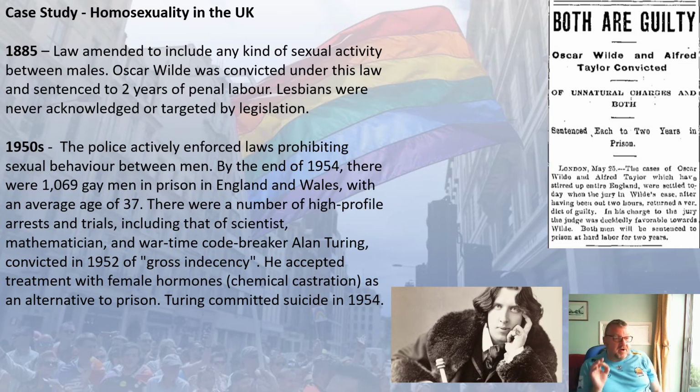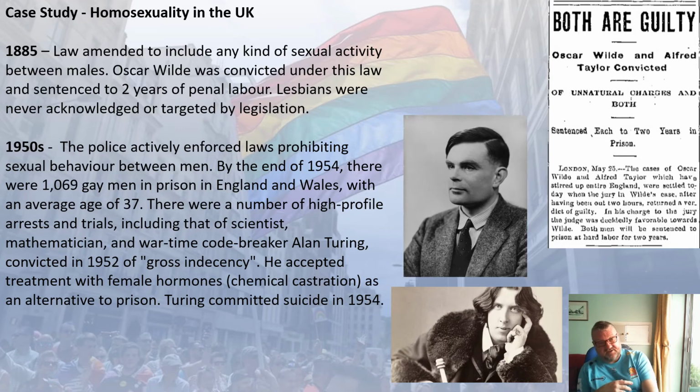And there were a number of high-profile arrests and trials, including that of the scientist and mathematician, wartime codebreaker Alan Turing. He was convicted in 1952 of gross indecency, and as part of his sentence he accepted treatment with female hormones, so he was chemically castrated as an alternative to prison, and he ended up committing suicide 2 years later in 1954.